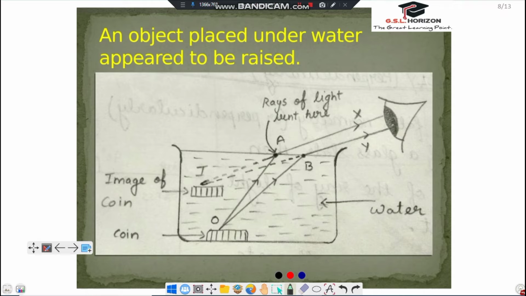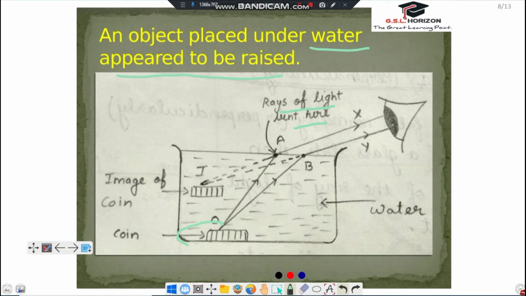An object placed under water appears to be raised, as you can see here. When a thick glass slab is placed over some water, the object appears raised when viewed through the glass slab. As you can see here, the rays of light bend here.